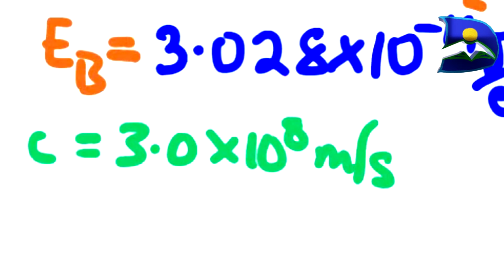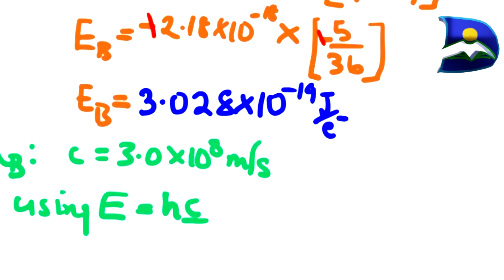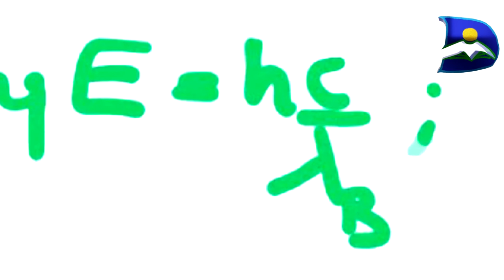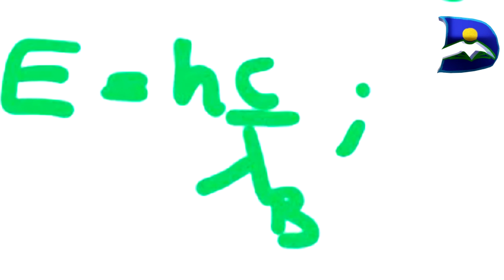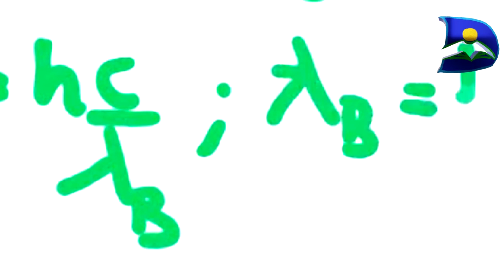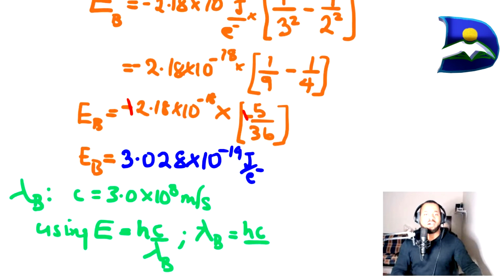So we are going to use our equation, which is E equals the Planck constant times the speed of light divided by the wavelength. To rearrange this, we put the wavelength up and the energy down. So the wavelength is equal to the Planck constant multiplied by the speed of light, divided by the energy.